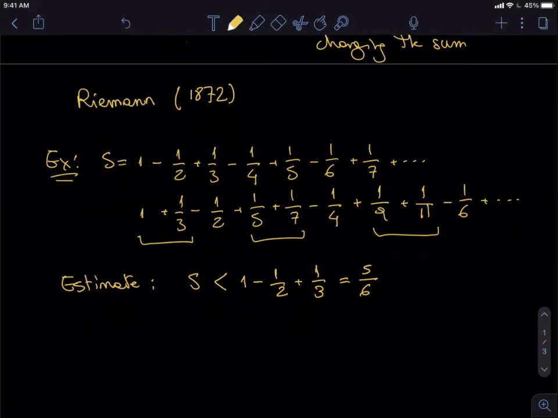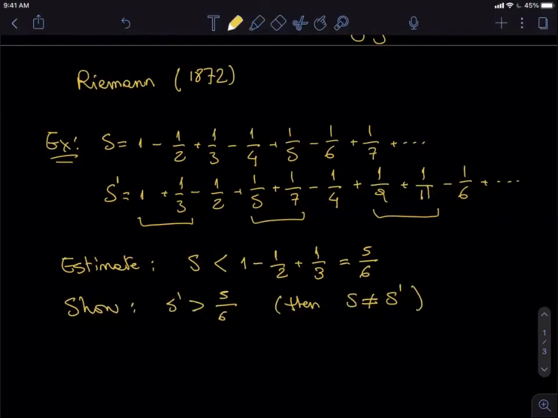And now what we are going to show is that the rearrangement, which we can call S prime, is actually bigger than 5/6. And if we do that, we know for sure that the two series, the series and the rearrangement, will have a different sum.